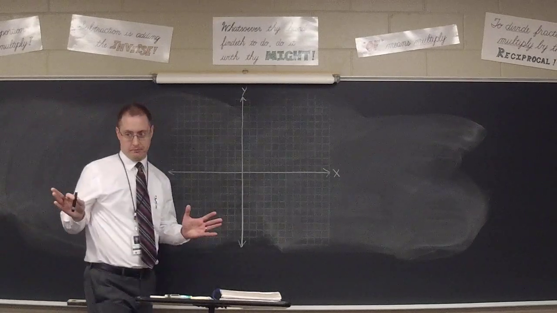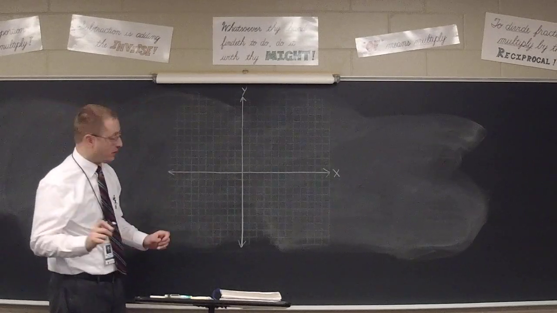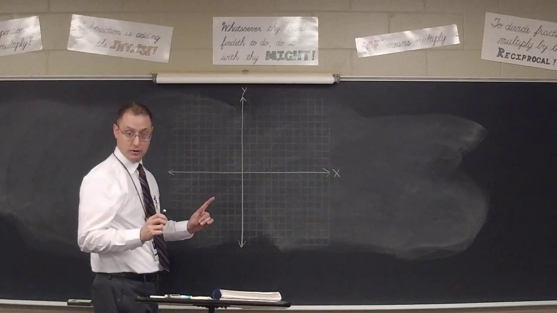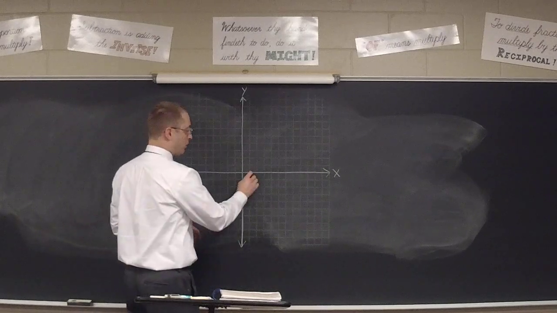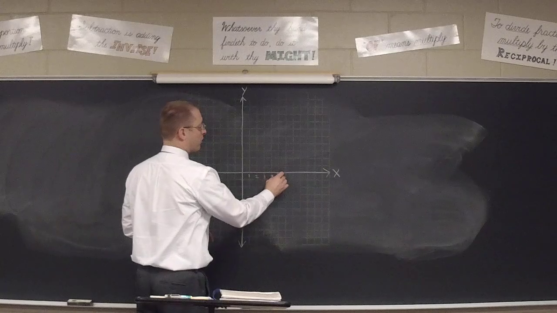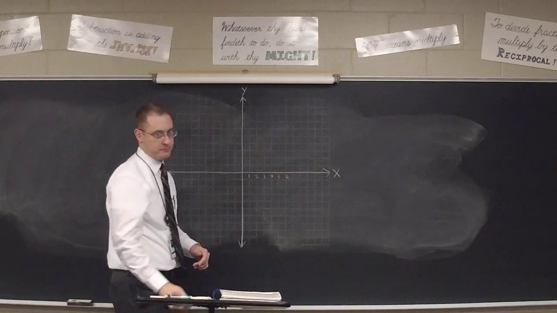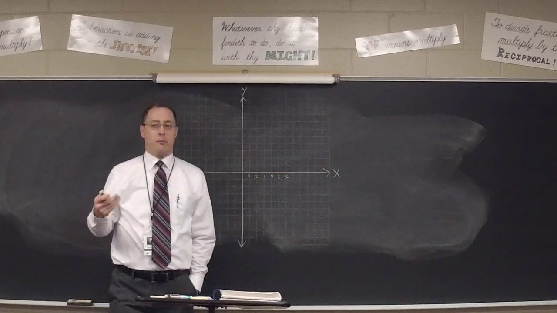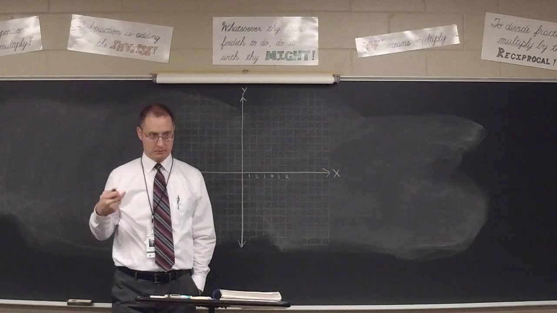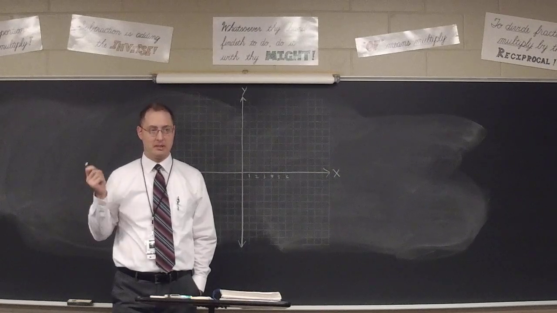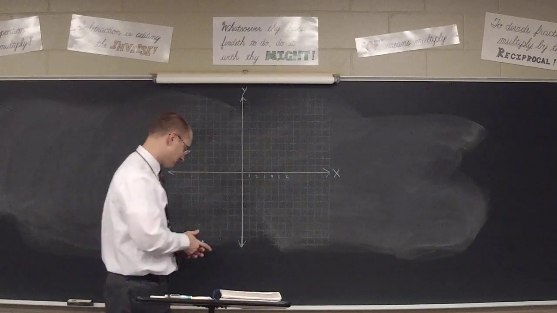Now, here's the deal. Some people, when they do the graph, watch, don't do this, they'll put 1, 2, 3, 4, 5, like that. You know me. What am I, class? Lazy. I knew that.